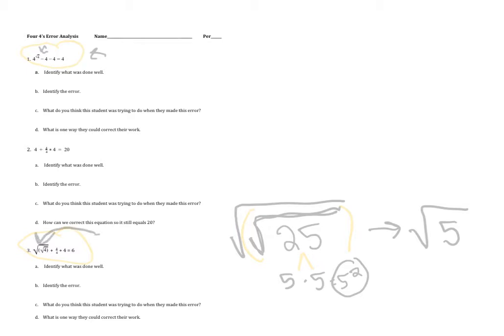So spoiler alert, the error that was made in this problem had to do with this step. We've undone this internal square root. We've found it's just a number. Now we have to deal with this outside square root, and that's where your error was made. So explore it with these numbers, remembering that the square root of 4 is 2, because 2 squared is 2 times 2, which is 4.